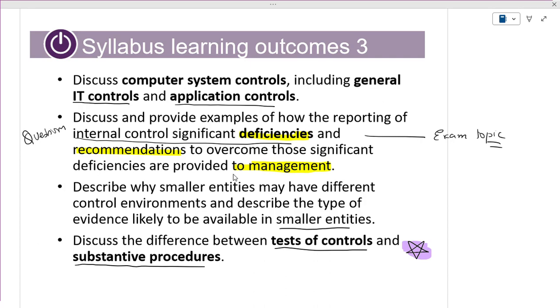We will also cover the deficiencies. Companies will have controls, but every control will not be effective. Some controls are effective, some are ineffective. There is a deficiency. We should identify the deficiency, and we have to give recommendations on how these deficiencies can be overcome, what the solution is.